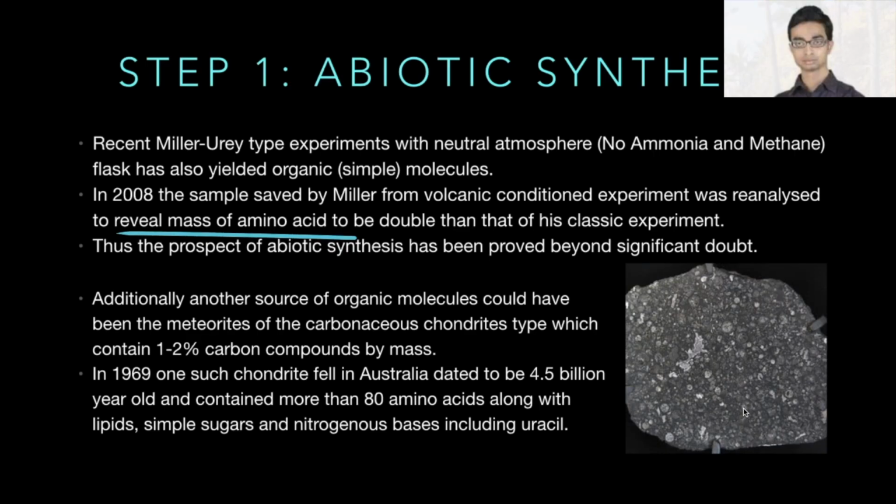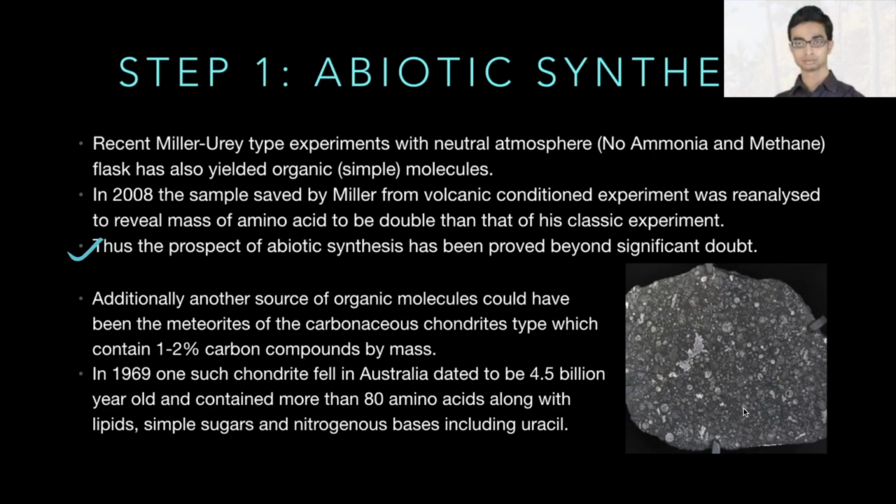Thus, Miller-Urey type experiments demonstrate that the abiotic synthesis of organic molecules is possible under various assumptions about the conditions of primitive Earth. Thus, the prospect of abiotic synthesis has been proved beyond significant doubt.